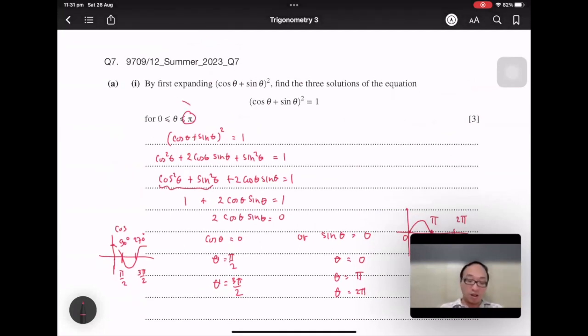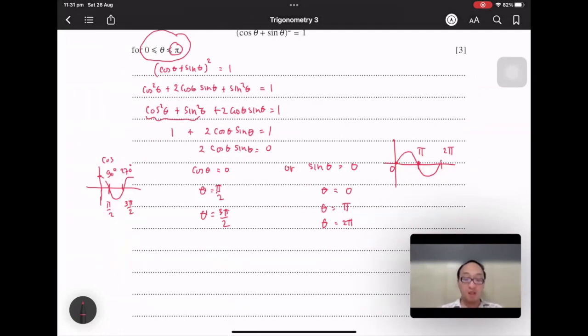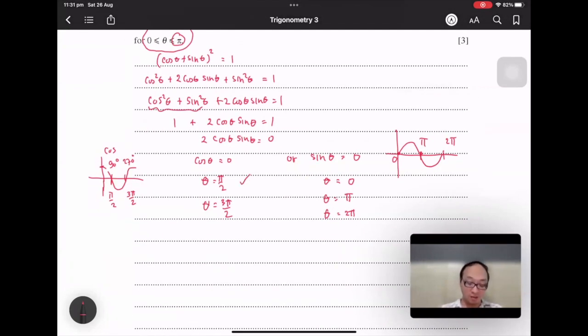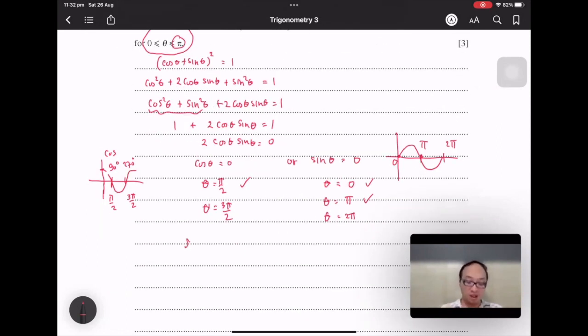The range of the solution should be between 0 until pi. So we take pi over 2, we take 0, and we take pi. So there are three answers: 0, pi over 2, and pi. And we have to reject the others because they are out of the range.